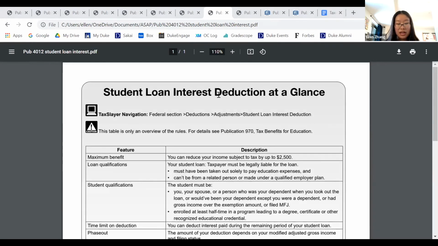So let's look at the requirements for student loan interest deduction. You see that it's called a deduction here, but it technically falls under adjustments. Again, adjustments, deductions, they can kind of go either way. That's why there are very few adjustments, because most of them just end up going under deductions.